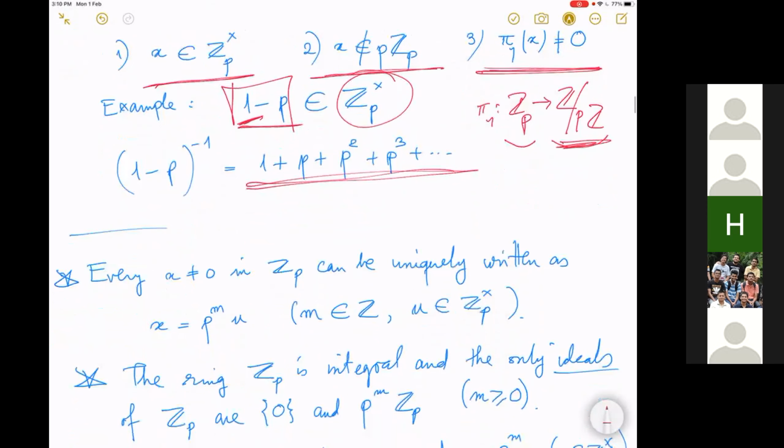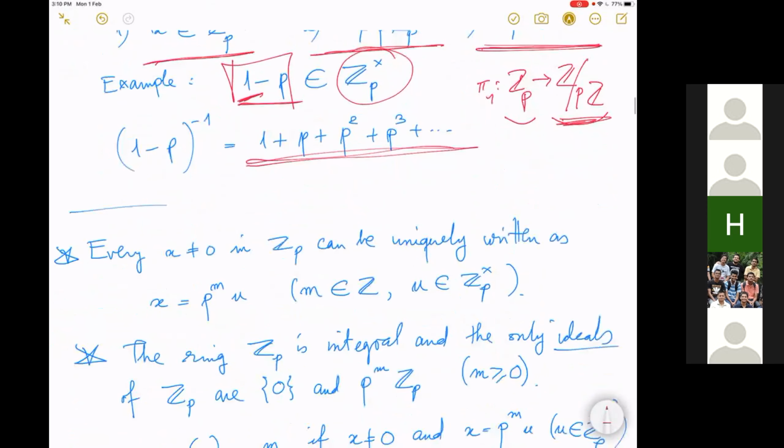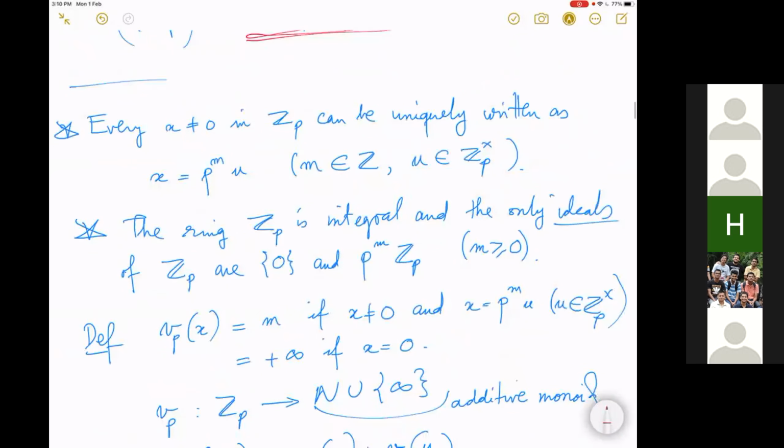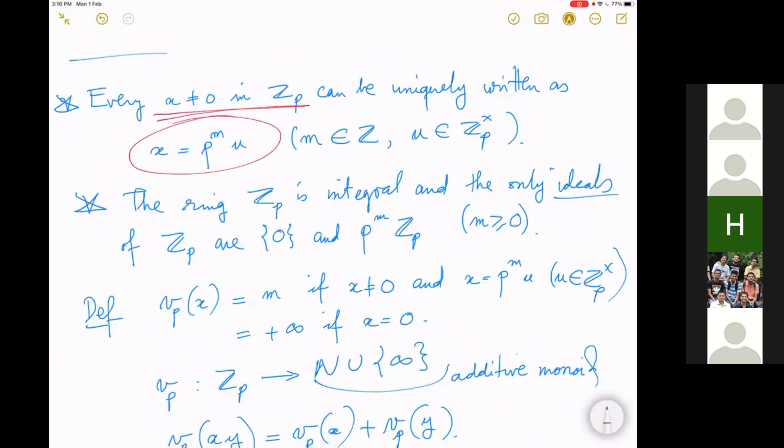So every non-zero p-adic integer can be uniquely written as a power of p times a unit. Of course, that power, sorry, this should not be a Z here. This should be an N here.